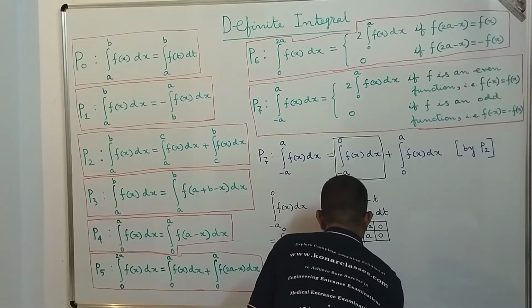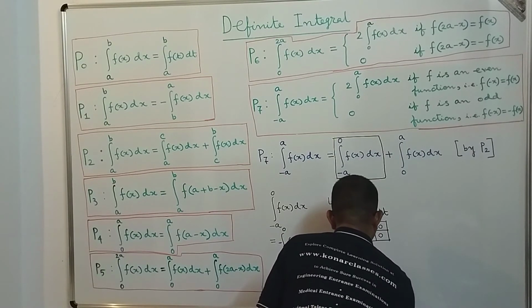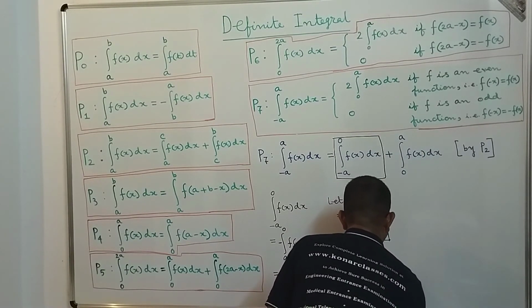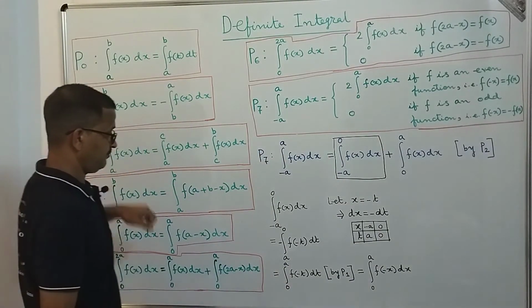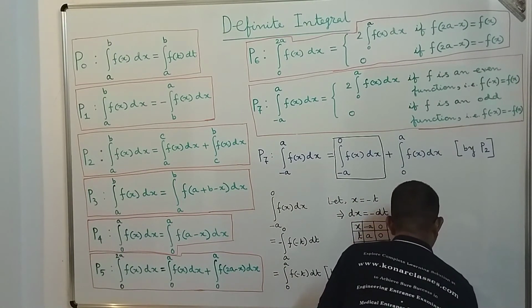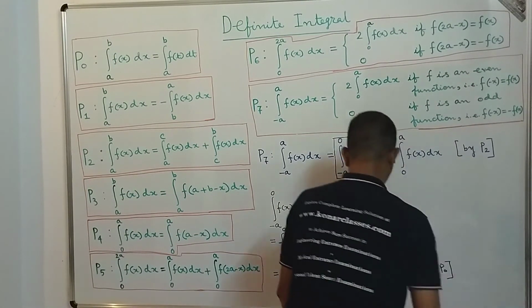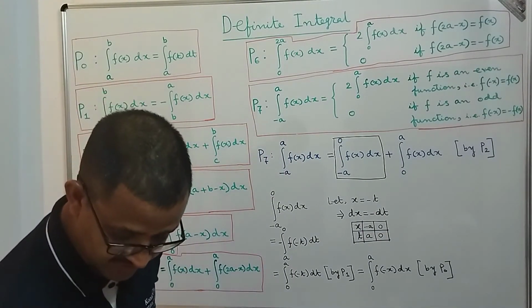So this is equal to integration 0 to a f minus x dx, and that we are getting from property P0, correct? So you can write that by P0.